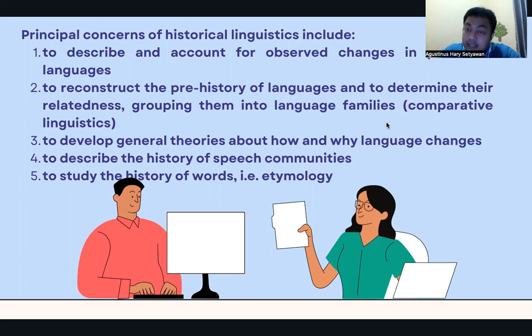For your understanding, historical comparative linguistics is currently emerging and developing in Indonesia. Why? Because we are not that rich in research.